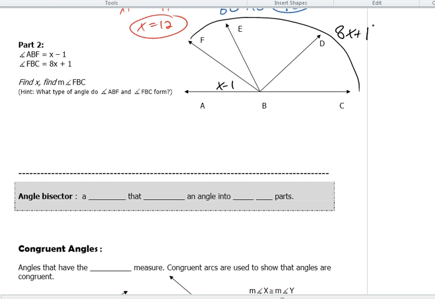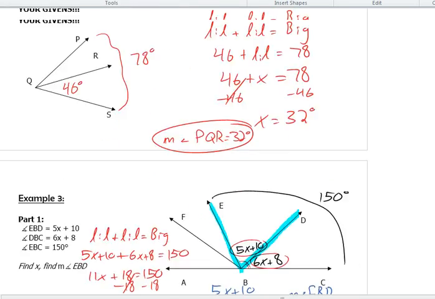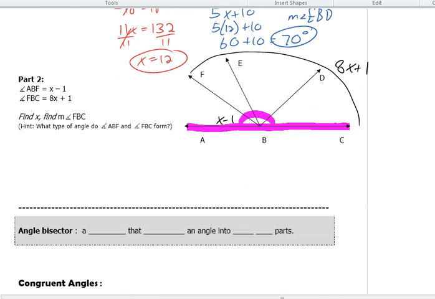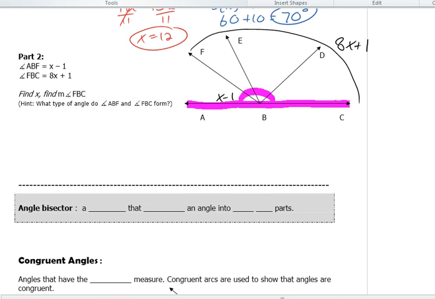Alright, well, how are we going to do this? Hint, what type of angle do ABF and FBC form? In other words, what's this whole angle from here to here? Well, if you look at this, it's actually a straight angle. Scroll right back up real quick. A straight angle measures 180 degrees. So we know that ABF plus FBC add up to 180.